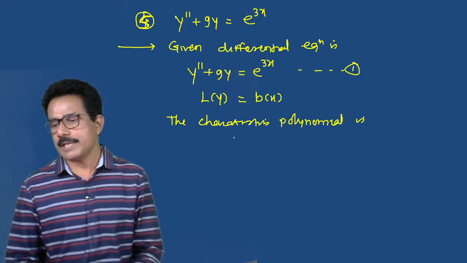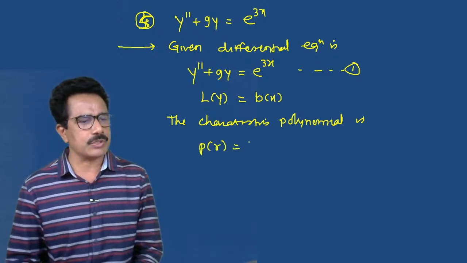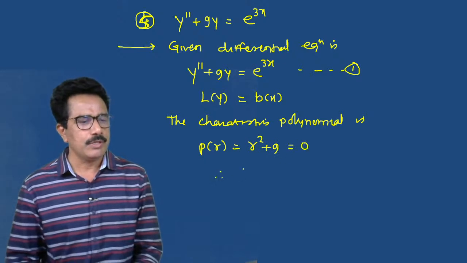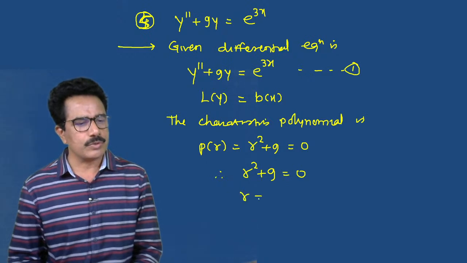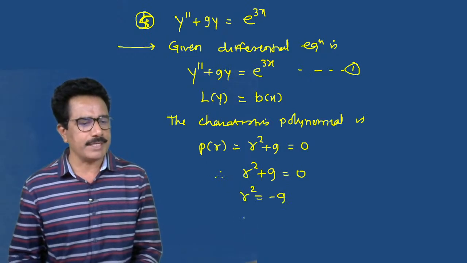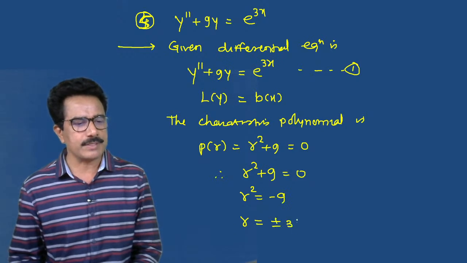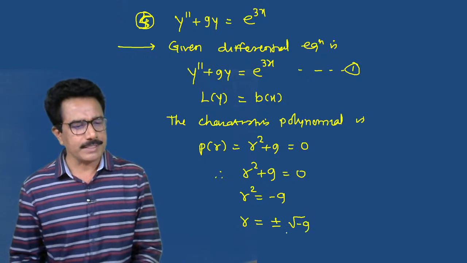Yes, tell me the roots of the characteristic polynomial. p of r is equal to r square plus 9 which is equal to 0. So r square is equal to minus 9. So r is equal to plus or minus root of minus 9.